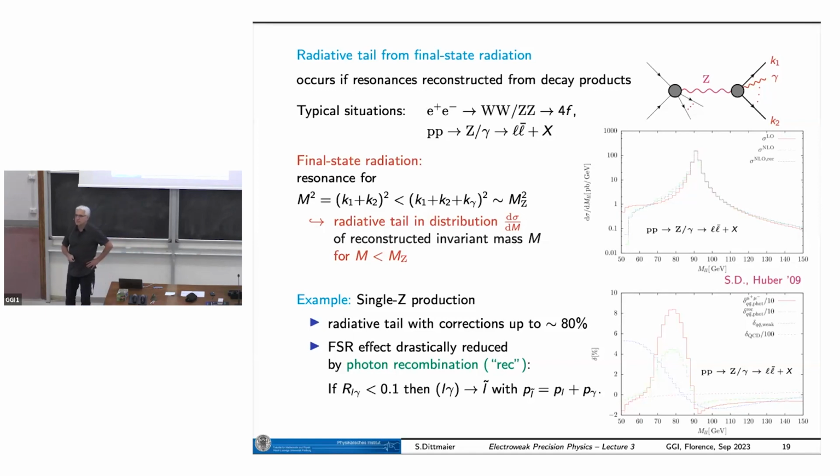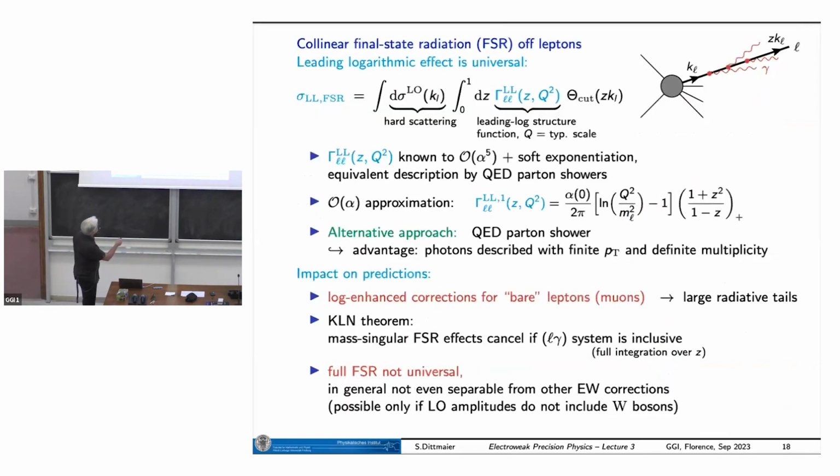This is quite a lot, because I told you, if you just look into the typical coupling strength, which is giving you an idea about the size of a correction for electroweak corrections, you would expect something at the percent level or so. You have 80% here. And this is exactly due to this logarithmic enhancement, coming basically from this convolution with this kernel.